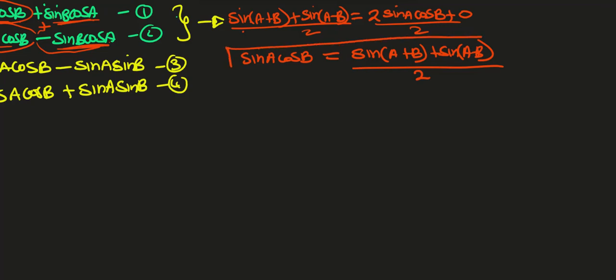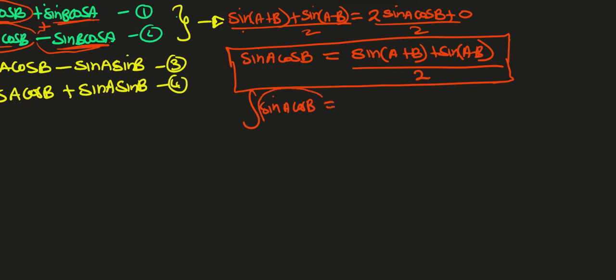So this is a very nice equation that one can use to simplify a case. What case would that be? Let's say you had an integral of a product of sine A and cos B. You would then replace all of this with that to simplify your integration. So when we add, we get that.